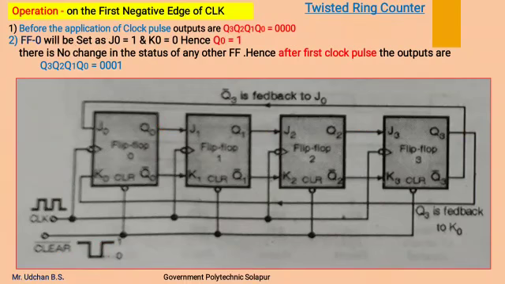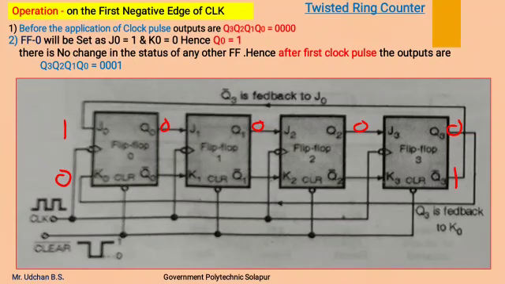Now we will see the operation at the first negative edge of the clock pulse. Before that I will write the previous outputs of each flip-flop. Here Q3 is 0, therefore Q3 complement will be 1, which is connected to J0 input, so J0 will be 1 and K0 will be 0. Before the application of the first negative edge, we should know all the JK inputs of each flip-flop.